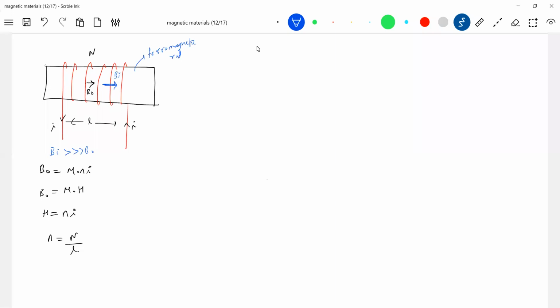I'll increase H, because earlier this iron rod is not at all magnetized. Okay, let me magnetize it. I'll vary H, I'll increase H, then I'll decrease, then we'll see what conditions will come. This is nothing but the hysteresis curve we are going to discuss now.